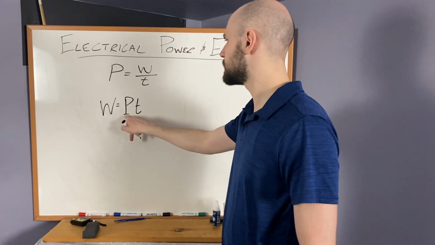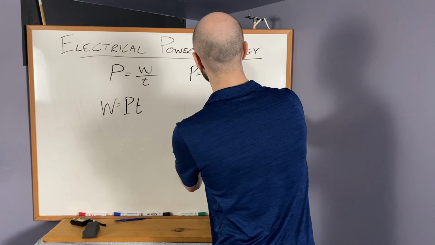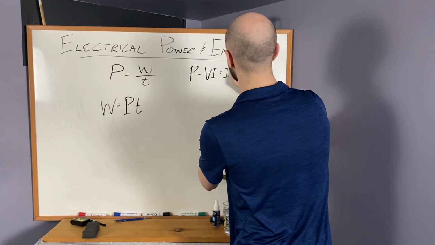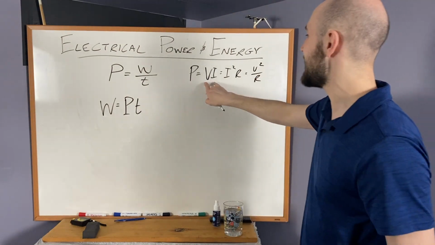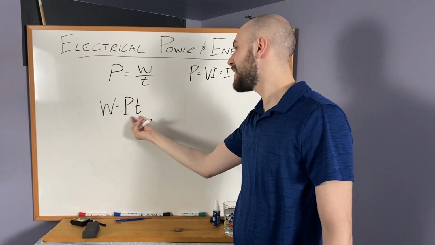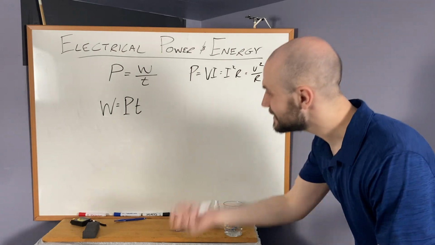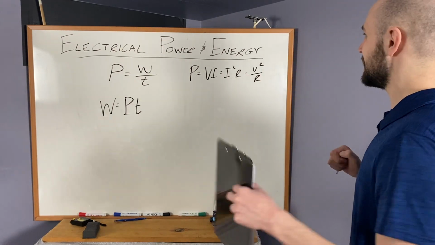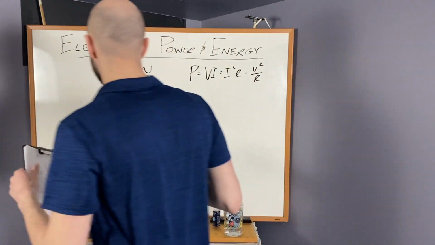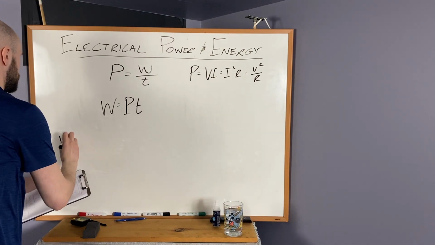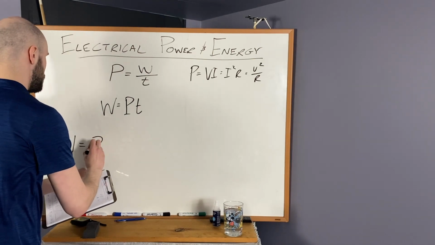So we have an expression for power. Not only that, we have a bunch of expressions for power, right? P is VI, P is equal to I squared R, and P is equal to V squared over R. So if I take any one of these expressions and multiply it by how much time that circuit element was on, we can figure out the energy used by that element. So underneath this line in your reference table, you will also see this. Work, the energy used by any circuit element, is equal to power times time.